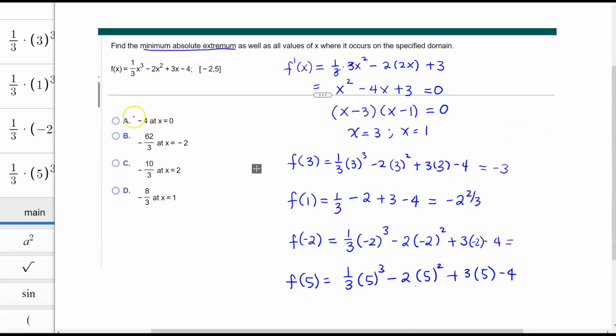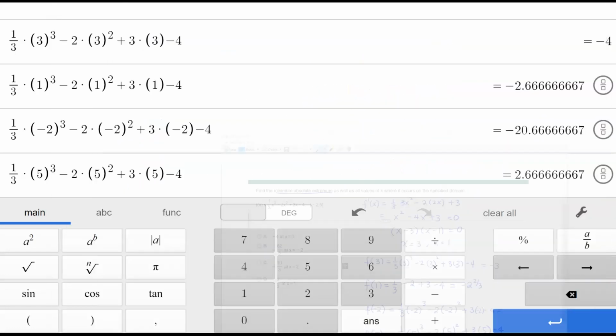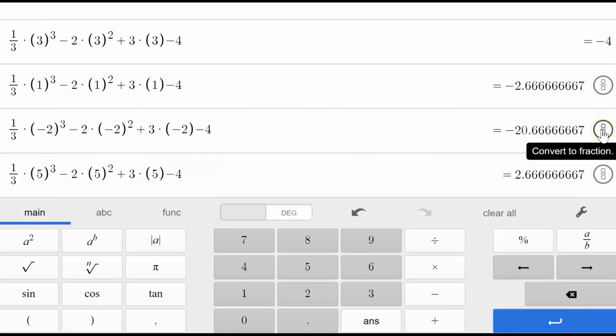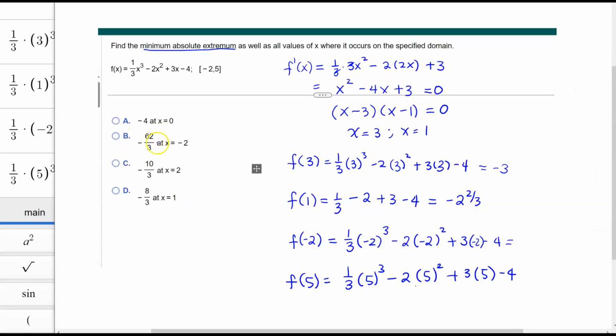But as you notice in the question, this should be in fraction form. So you're just going to convert this to a fraction. That is equal to negative 62 over 3. That's the value, and that is located at x equals negative 2. So that's letter B, the answer.